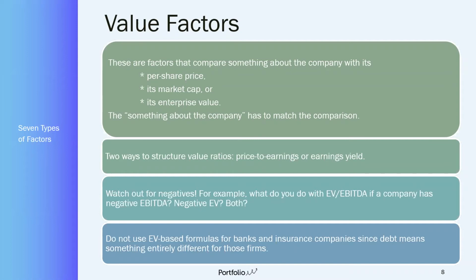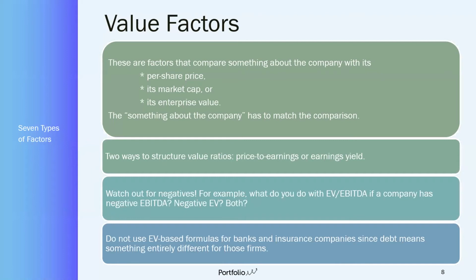Now, many factors should be compared to firms in the same sector or the same industry, and that is a subjective decision on your part. There are good reasons to compare PE to other companies in the same industry, but there are also good reasons to compare it to the universe as a whole.